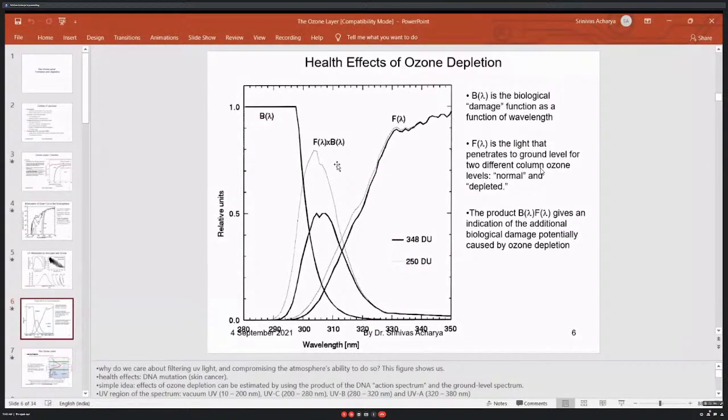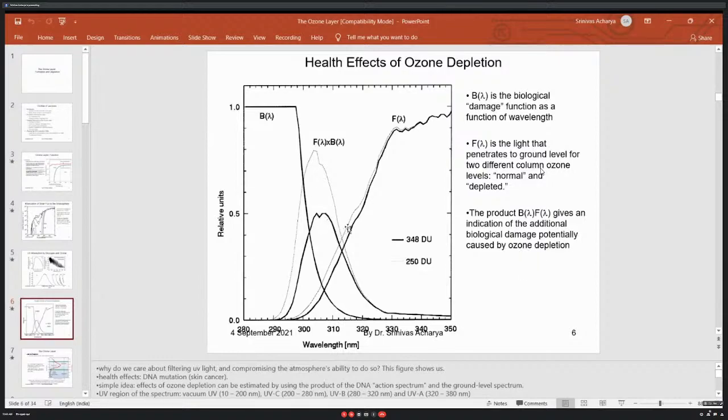This is B lambda, biological destruction, and F lambda is the light that penetrates through the ozone layer. The product of B lambda and F lambda gives an indication of additional biological damage potential caused by the ozone depletion.